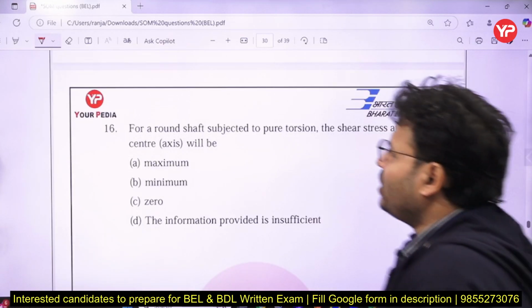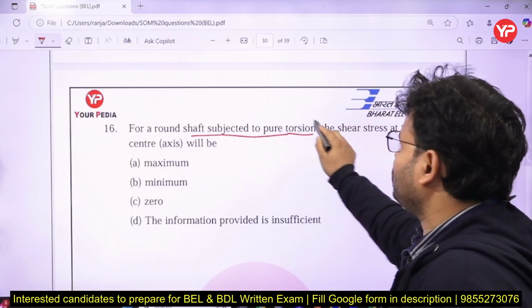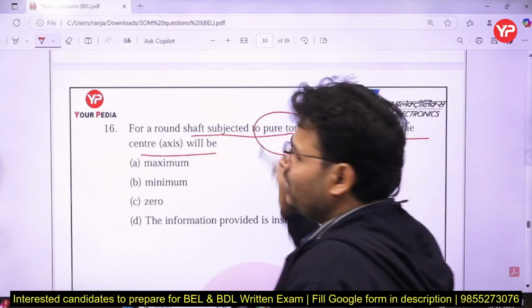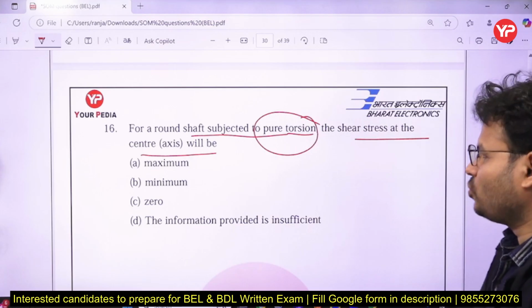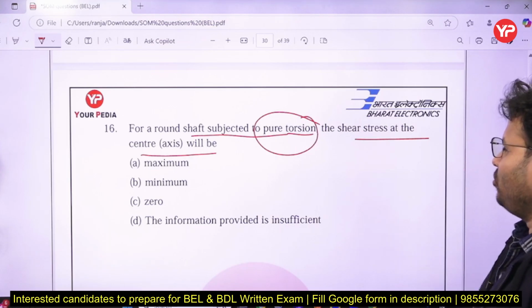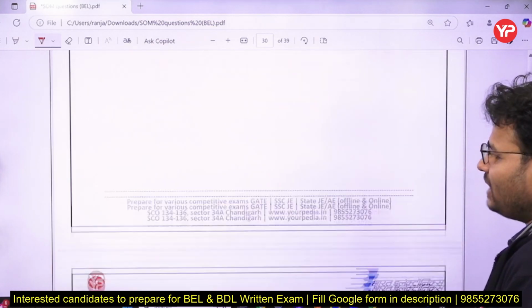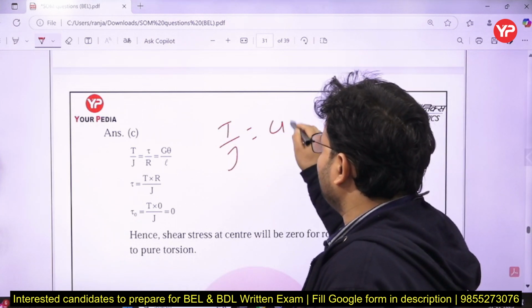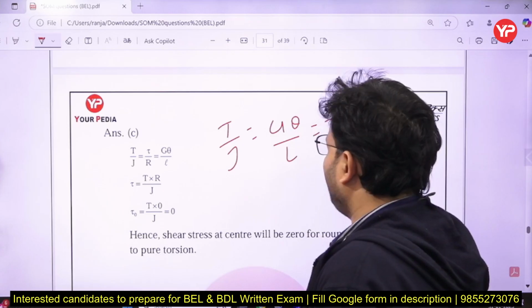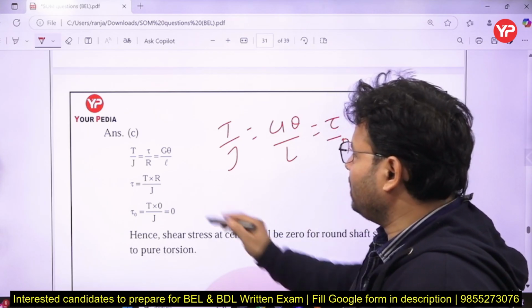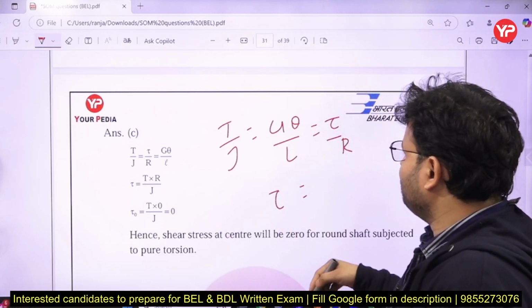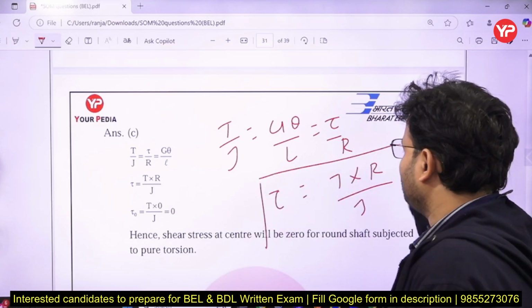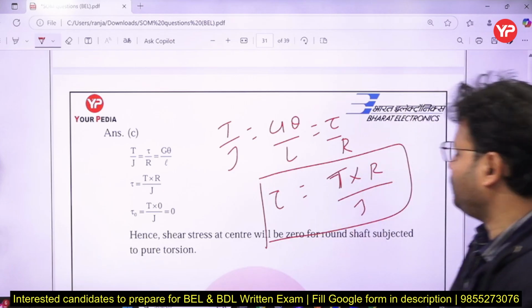Next question. For a round shaft subjected to pure torsion, the shear stress at the center will be what? If you have remembered the relation T by J equals G theta by L equals tau by R, from there I get tau equal to T into R upon J, where J is the polar moment of inertia.